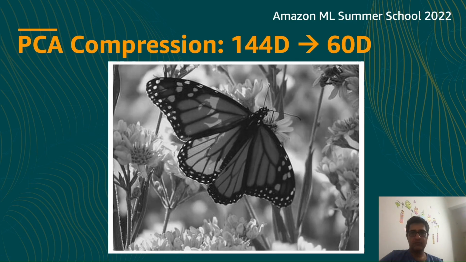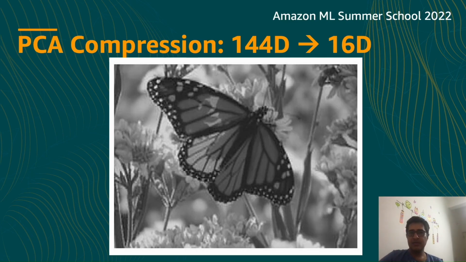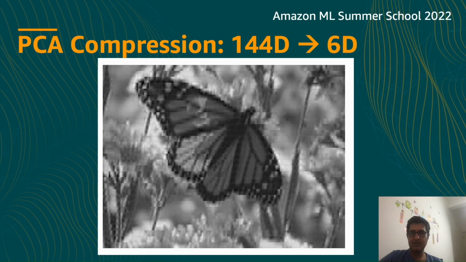For example, your 144 dimensional picture, once it's compressed to 60 dimensions, looks like this, and then further reduced to 16, the human eye can very easily figure out that this is still the picture of a butterfly.